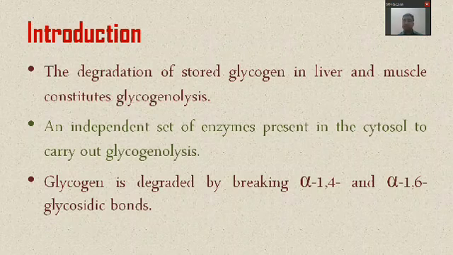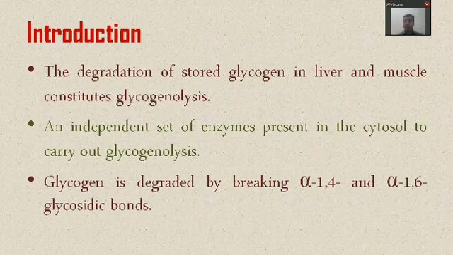Alpha 1,4 is between the first carbon and the fourth carbon of two glucose residues which are forming the linear chain, the horizontal chain, whereas the alpha 1,6 glycosidic bond occurs between the first carbon of one glucose residue and the sixth carbon of another glucose residue, and it is in the branching.